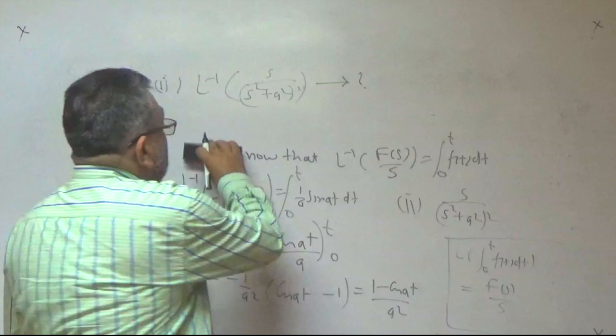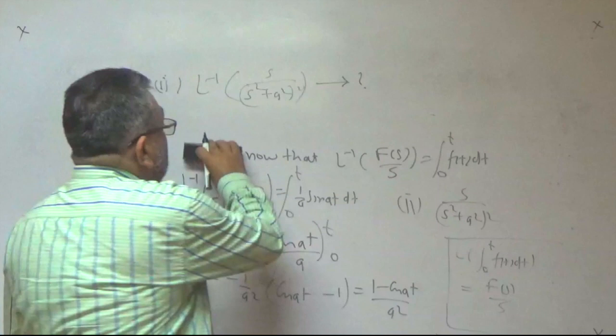We have already proved this directly by using properties and various formulas, and now let us see how it will be solved by the convolution theorem. Please see the solution. We have to find the inverse of s upon s square plus a square, whole square. Now we can break it into the product of two functions. Take the first function s upon s square plus a square, into 1 upon s square plus a square.